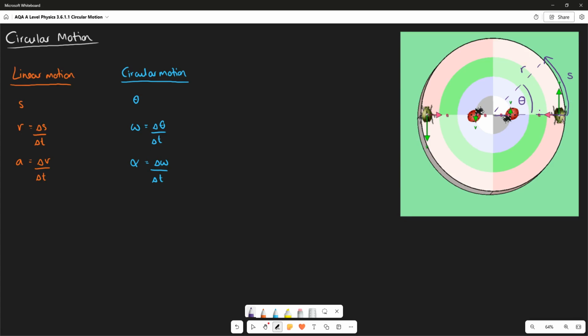These three terms are linked. You can express it either as angular displacement or as linear displacement. These two terms are connected.